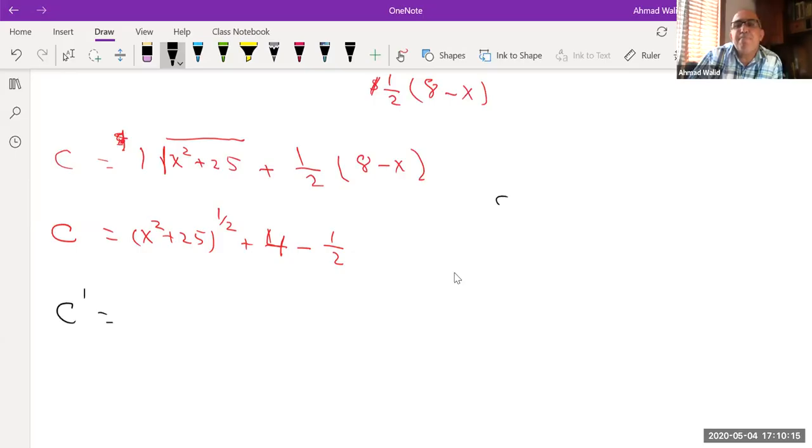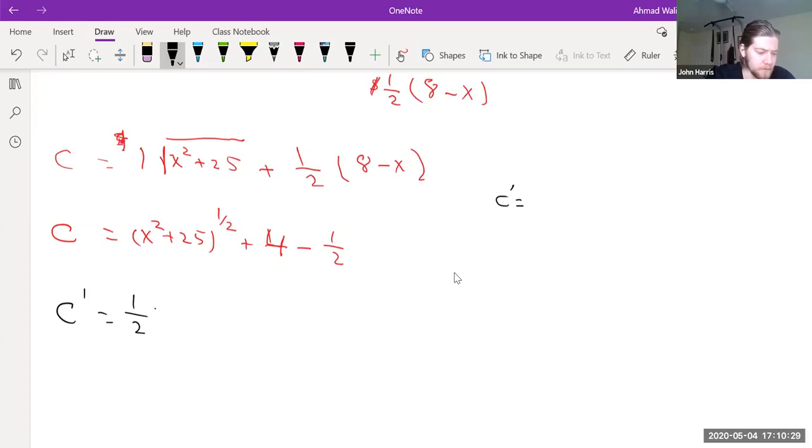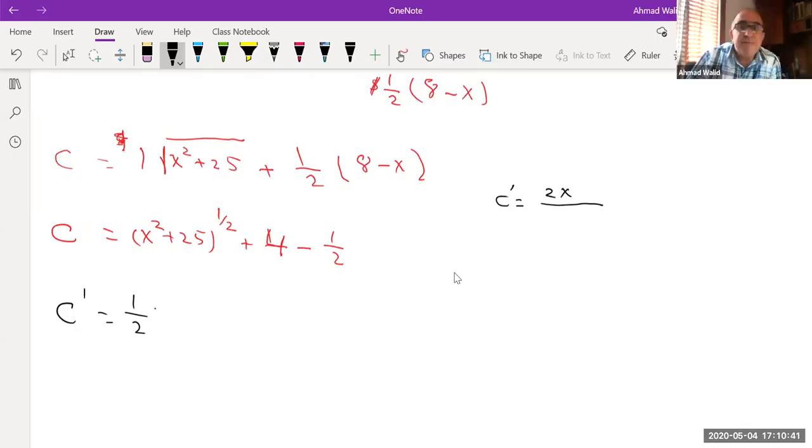Anyone? C prime? Yes, sir. 2x over the square root of x squared plus 25 to the power of 1/2.